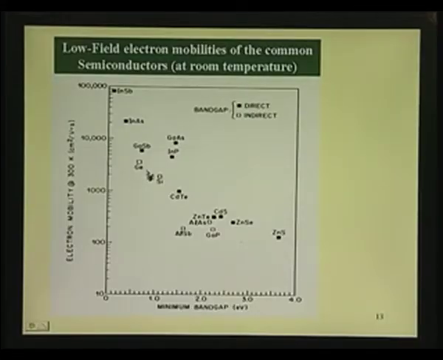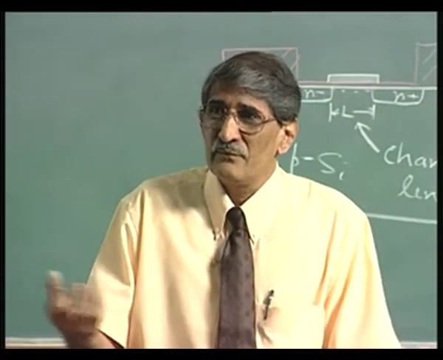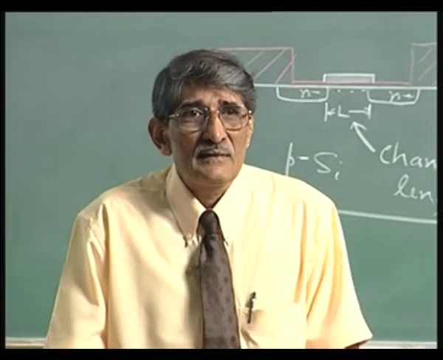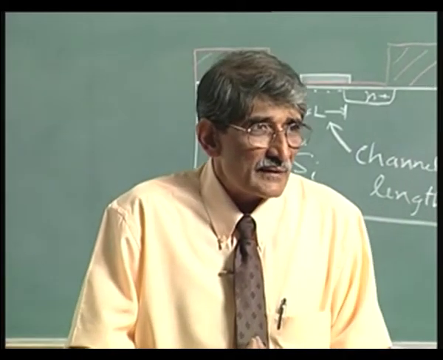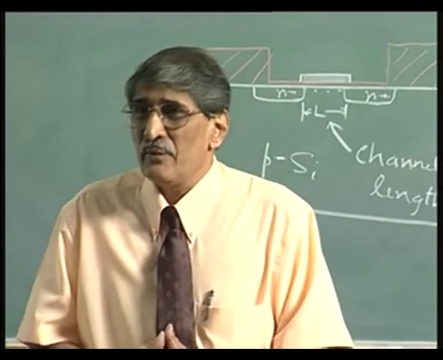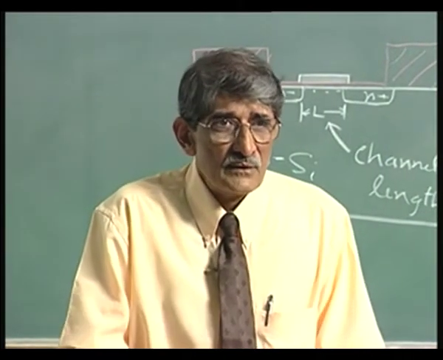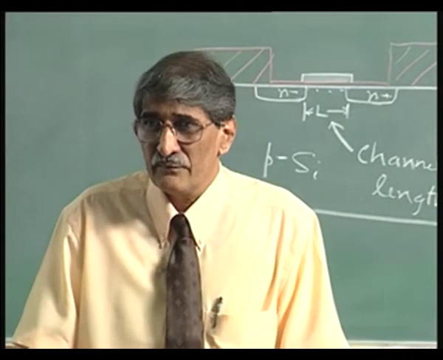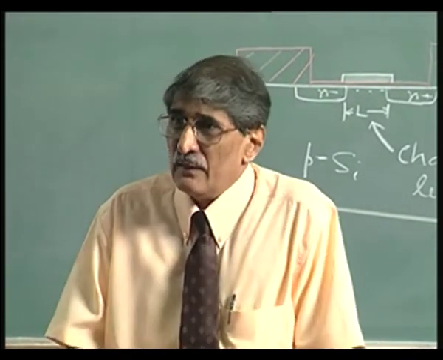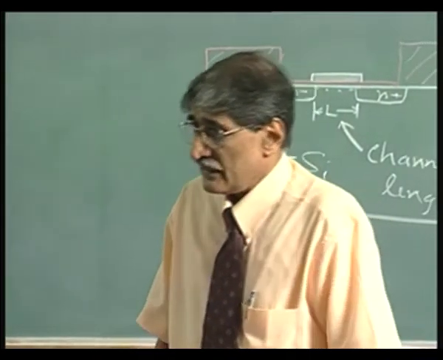Sometimes you call it a 3,5 compound, third group, fifth group. So, gallium arsenide is a 3,5 compound semiconductor. What about indium phosphide? Indium phosphide is also 3,5, indium from the third group, phosphorus from the fifth group. So, we are looking at 3,5 compound semiconductors.